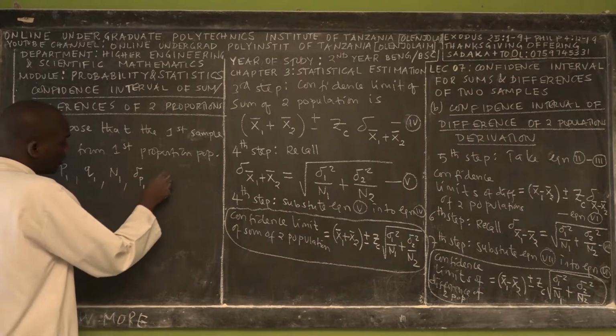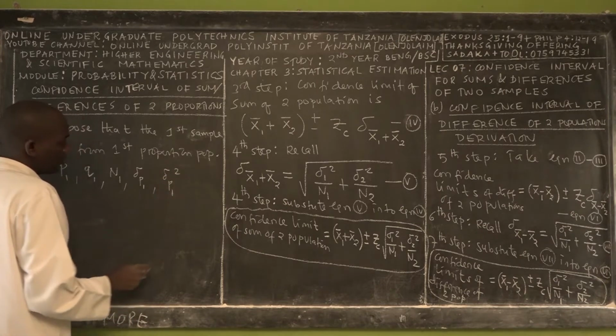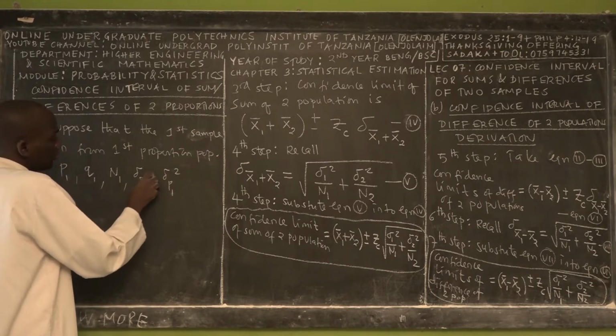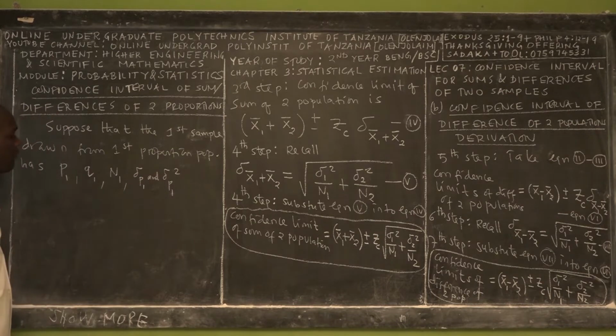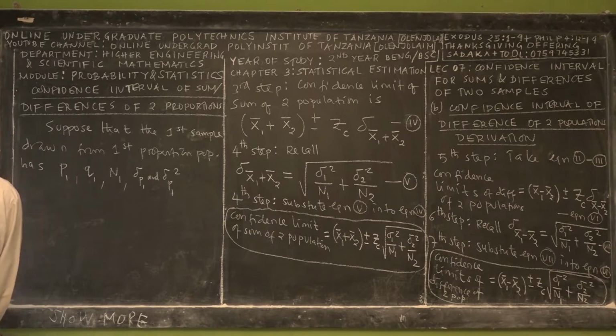Standard deviation of proportion 1 and variance of proportion 1. So these are the 5 statistical parameters. Is it right? Is it correct? Yeah.